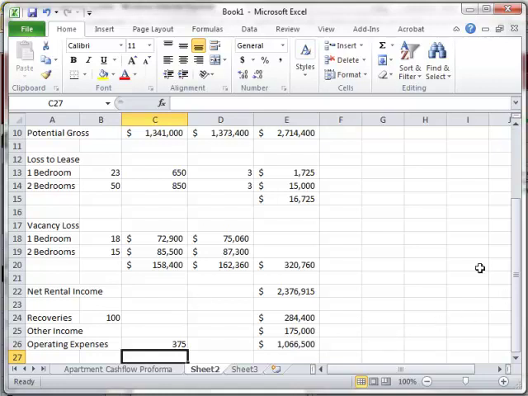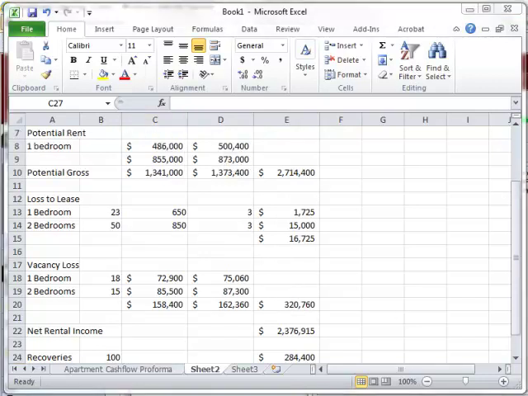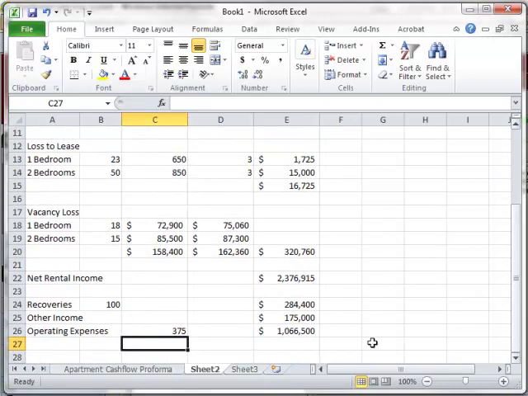We have our income, we have our recoveries, we have other income, and we have our operating expenses. So how does this all tie into net operating income? Well, it's simply what's left over after we do this simple calculation. And so let's do our net operating income.